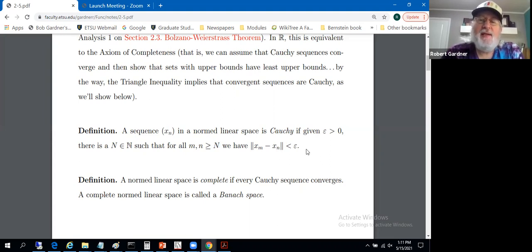The idea is, just between you and me, these Cauchy sequences want to converge. And they will converge if you're in a complete space, because that's the definition of completeness that we're taking. A normed linear space is complete if every Cauchy sequence converges. A complete normed linear space is called a Banach space.